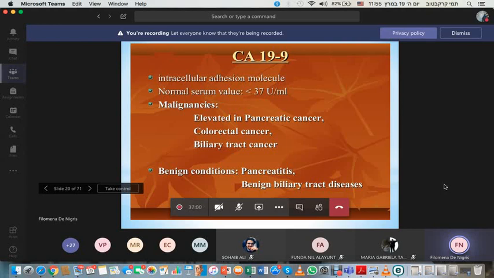So it is present in malignancy, it is not specific because it's present also in pancreatic cancer, in colon cancer, in biliary tract cancer, but also in benign conditions. We can use this marker only to help diagnosis, not to diagnose a disease.